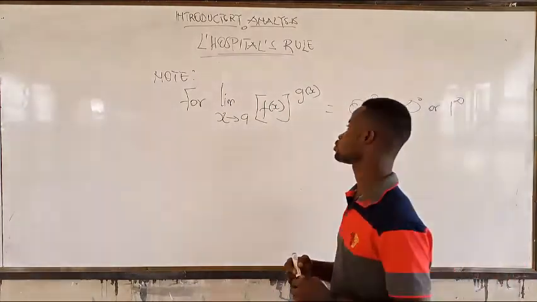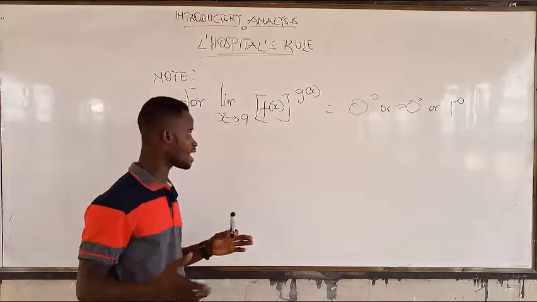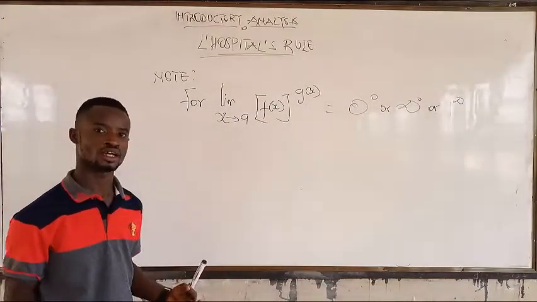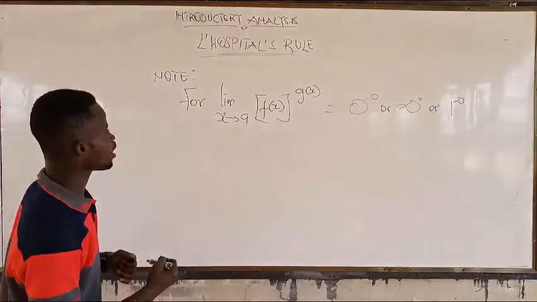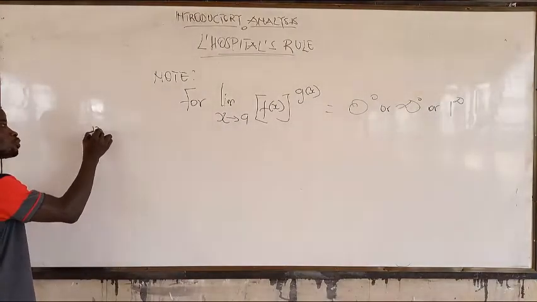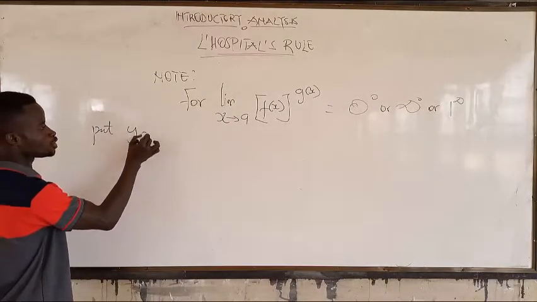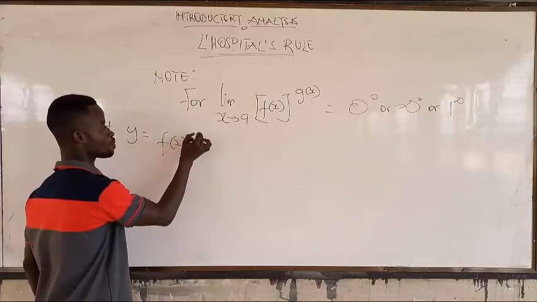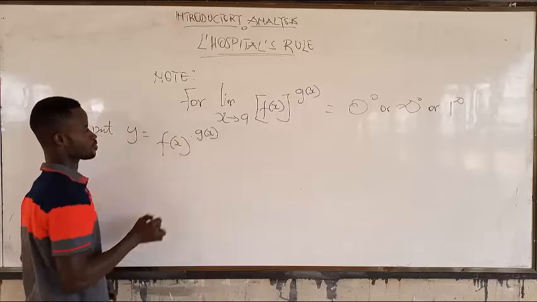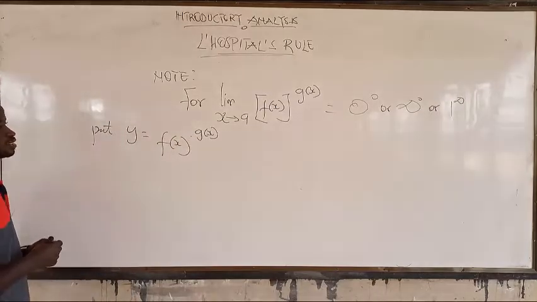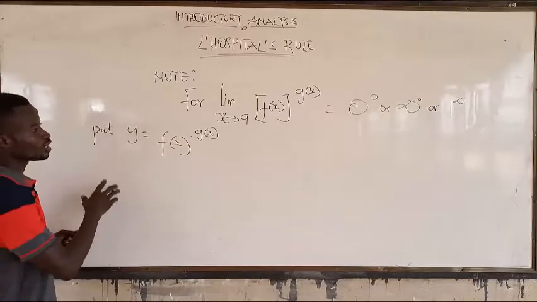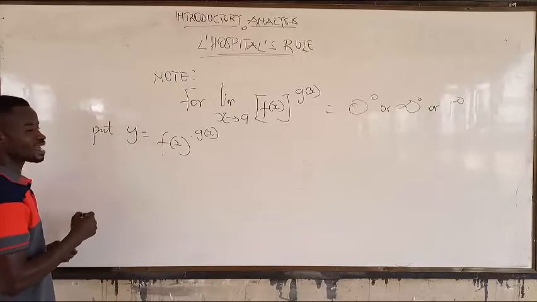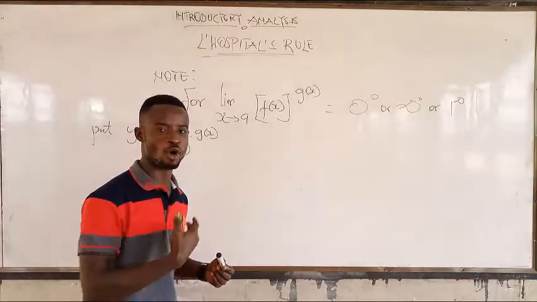Alright, so what we do is that I'm going to introduce something small to you. We put y equal to f of s to the power of g of s. Then with this, we take the ln of both sides.